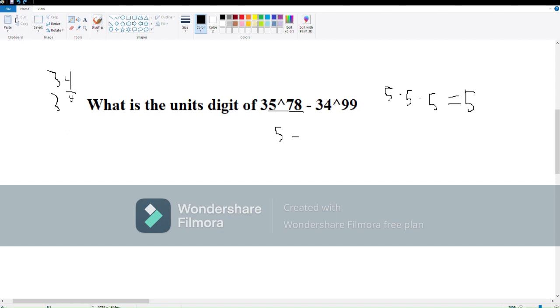But let's just focus on the 4 for now. You want to focus on its units digit, and notice a pattern. 4 times 4 is 16. 4 times 4 times 4 would equal 64, because 16 times 4 is 64.